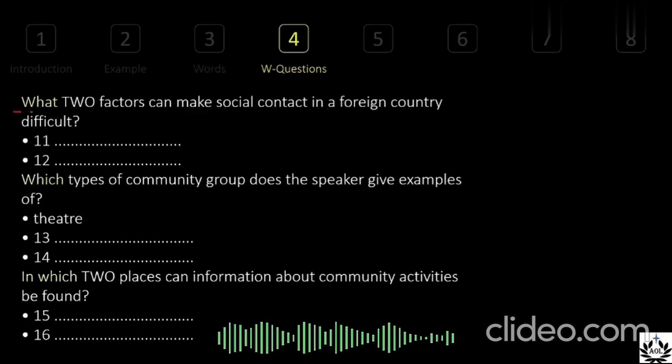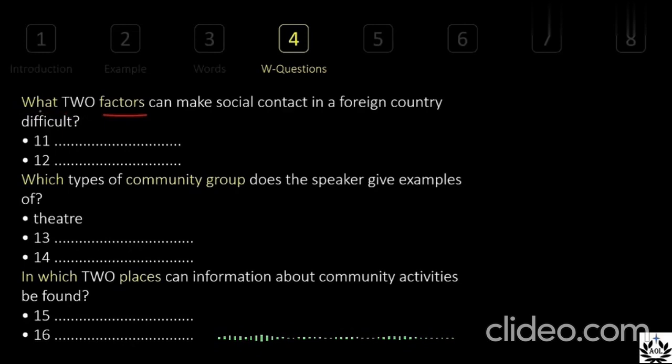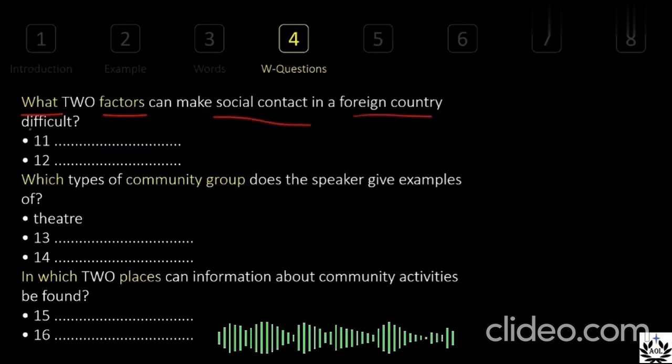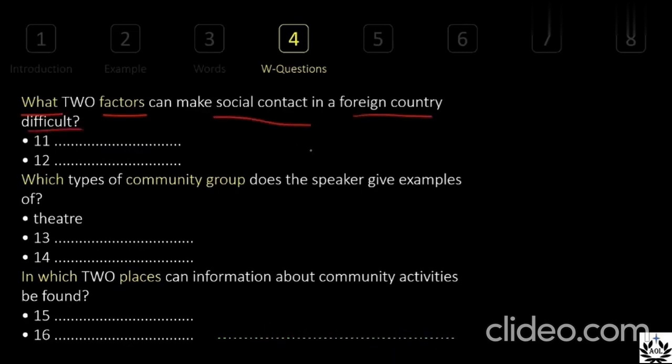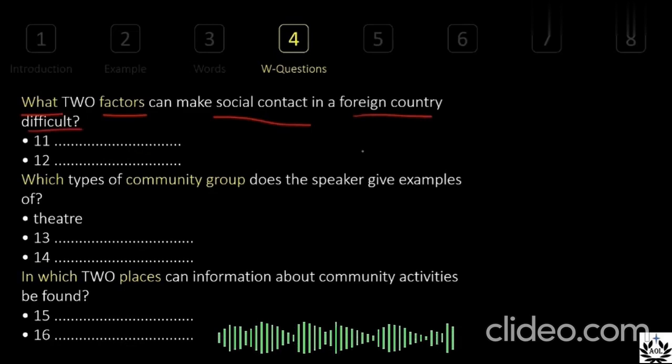Here the question word is what. This is important. Second is the information here, factors. So all you have to listen to is what factors: social contact, foreign country, difficult. That's it. So you can guess what factors they are talking about.